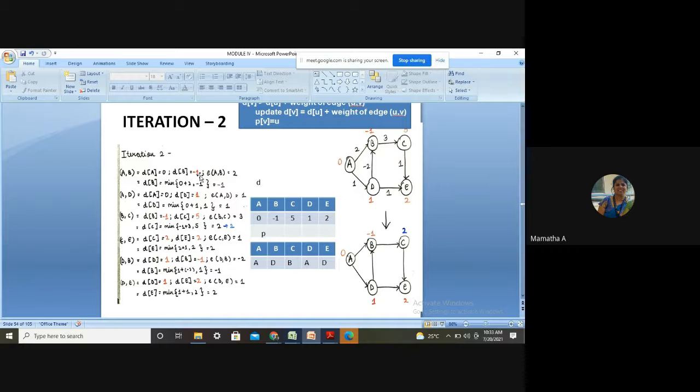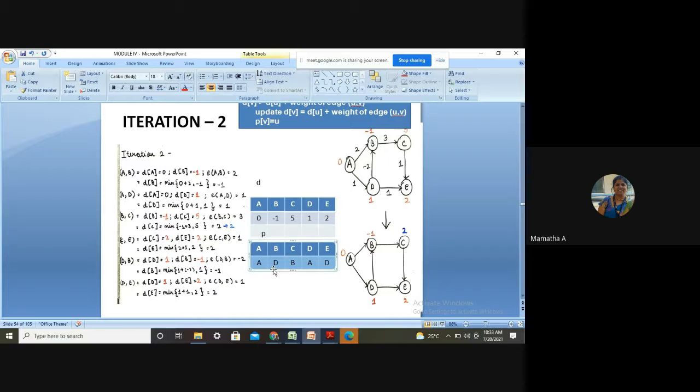Should I update DB? I am retaining the previous shortest distance only. I am not updating via U. Previous only I am retaining. So in that case, do not update P of B. Do not update. So it remains the same.